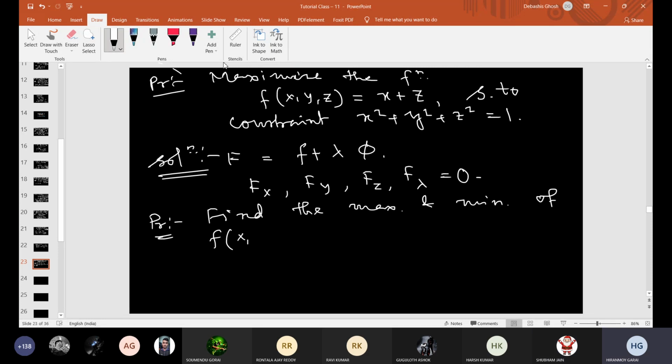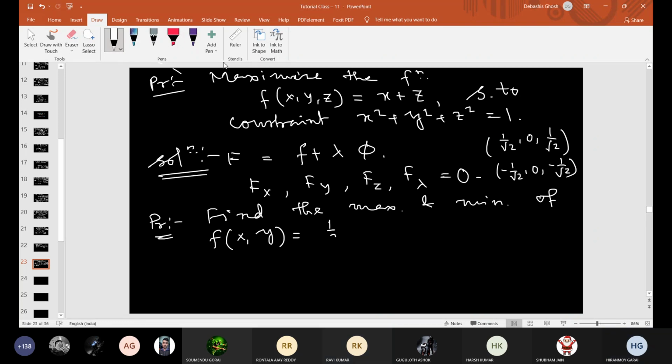I can give you the points also: lambda equal to plus minus 1 by root 2, and the points with coordinates minus 1 by root 2, and so on. You have to compare at which points we are getting the maximum value.